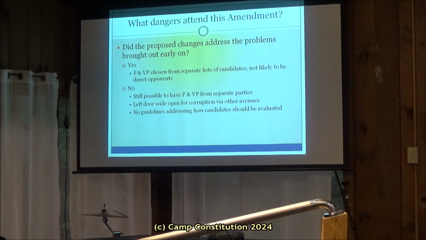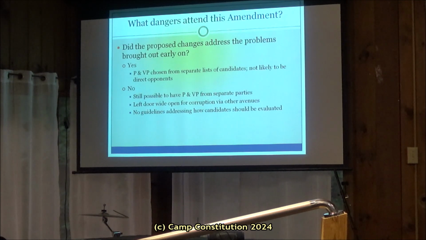So, did this address the problem? Well, yeah, it did. Because the president and vice president were being chosen from different candidate lists, and so they were unlikely to be direct opponents. And no, it was still possible to have a president and a vice president from different parties.